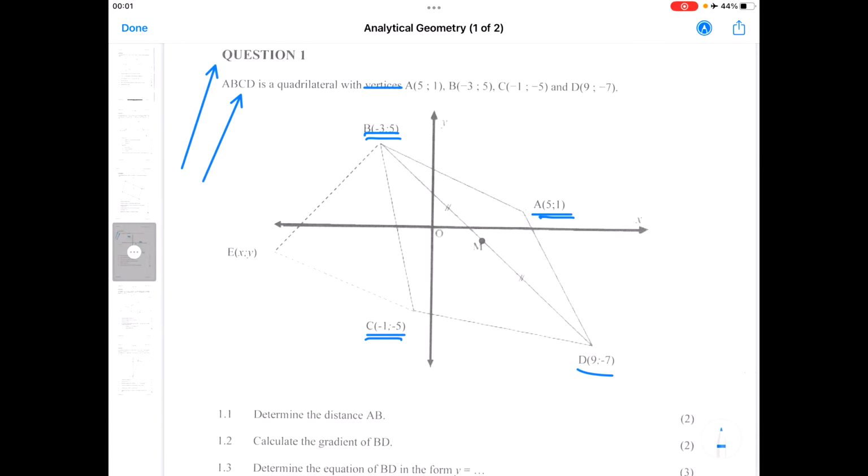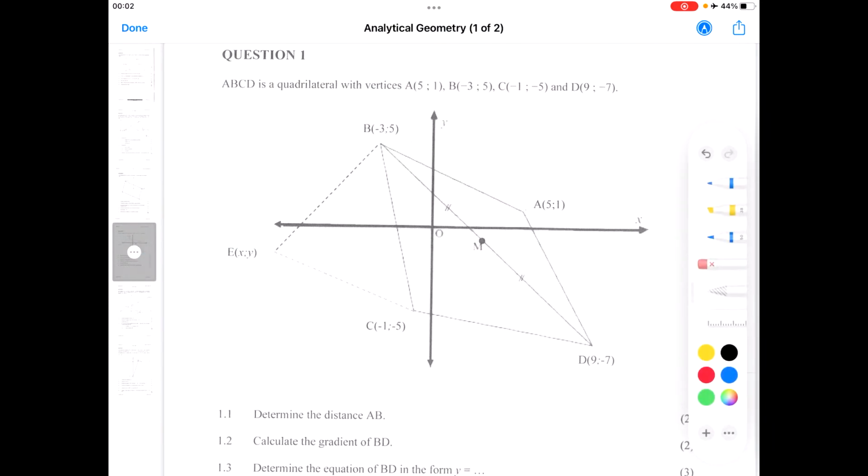D, being the last point, has the coordinates 9 and -7. A very short statement. Let's have a look at that given diagram.